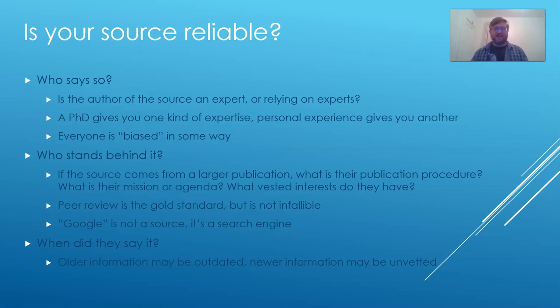And so there's a lot of different answers we might get to some of these. And one of the things that we often look for is peer review. We often talk about peer-reviewed sources being the best sources, kind of the gold standard of a good source. And peer review does give you a lot of confidence in a source being reliable. What peer review means is that the author wrote this thing, they submitted it to a scientific journal, then that journal anonymously sent it out to several other experts in that field and asked them for their feedback.